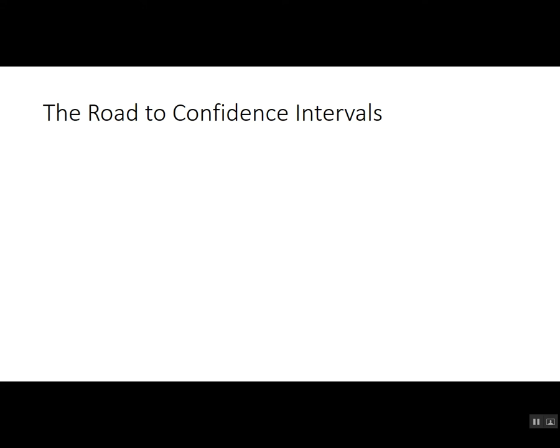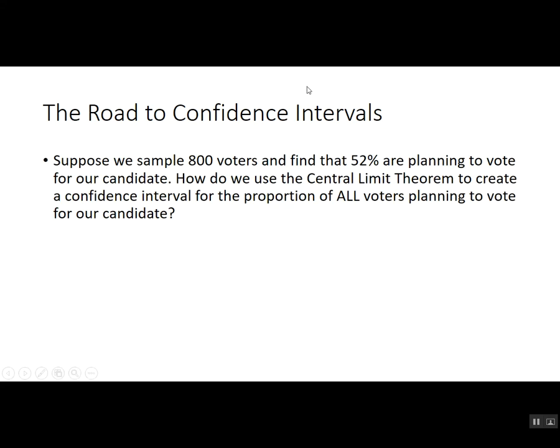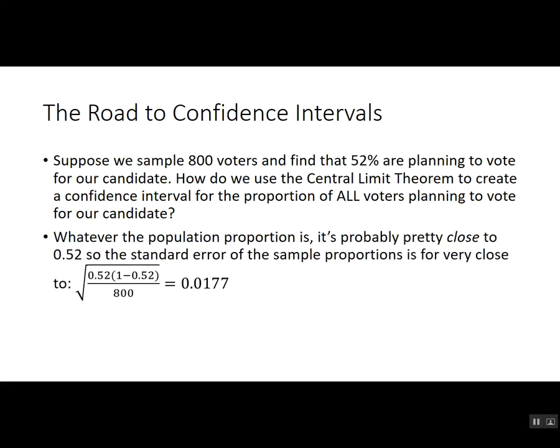So now let's talk about confidence intervals. Suppose we sample 800 randomly chosen voters and find that 52% of them are planning to vote for our candidate. How can we create a confidence interval for the proportion of all voters planning to vote for our candidate? Well, whatever the population proportion actually is, it's probably pretty close to 0.52.